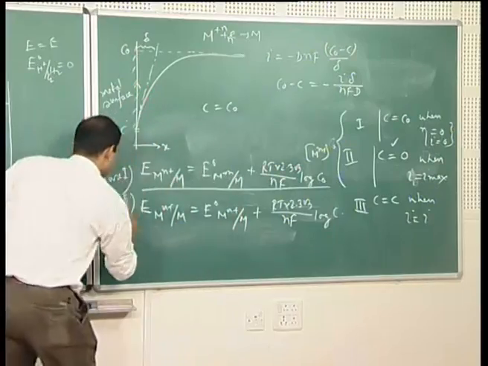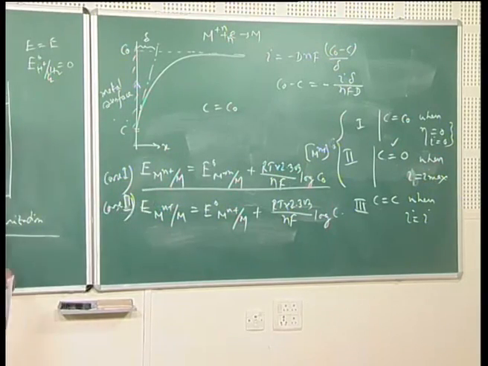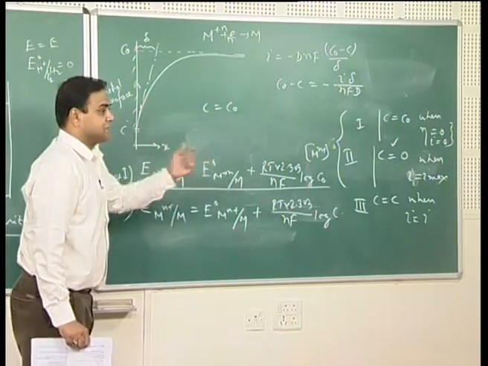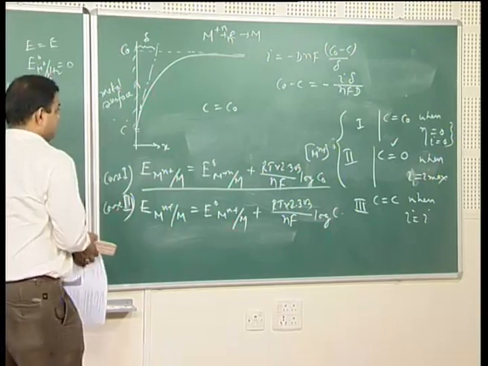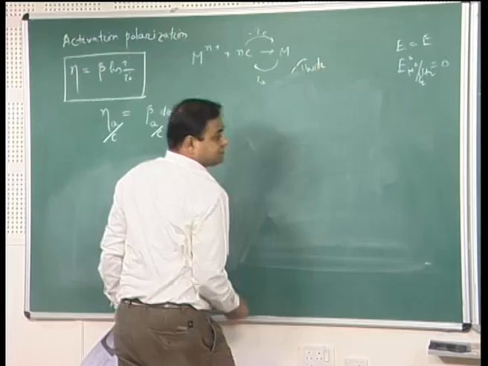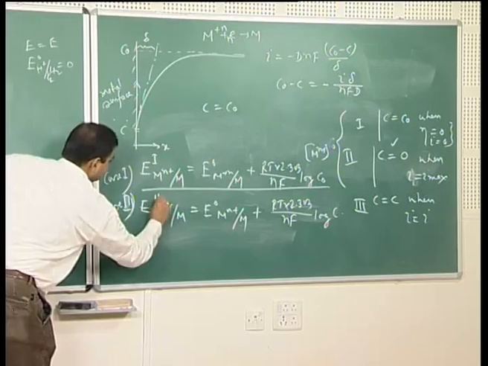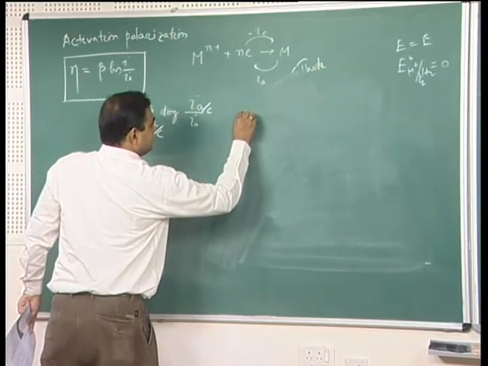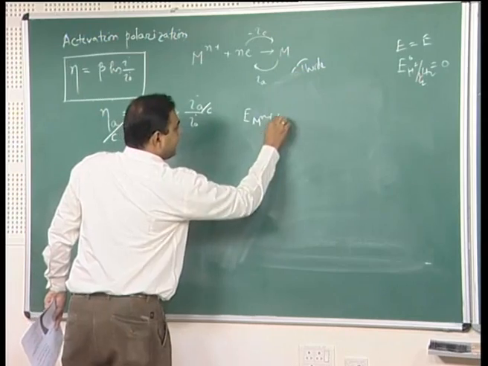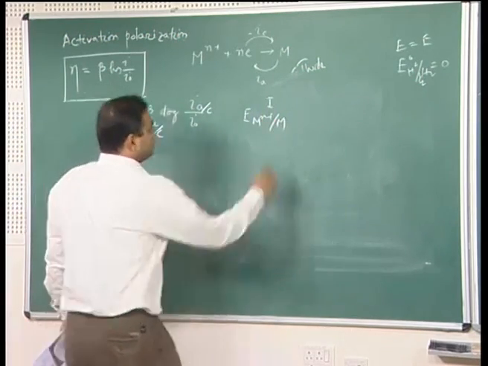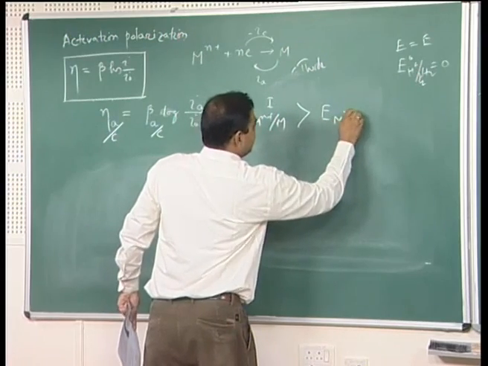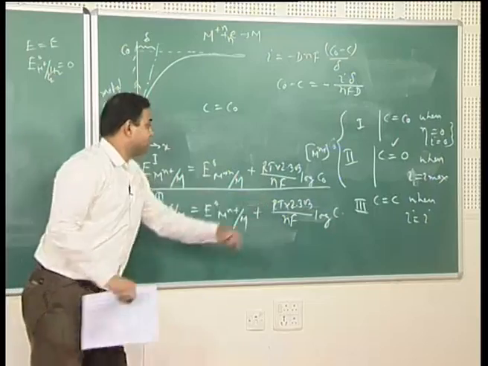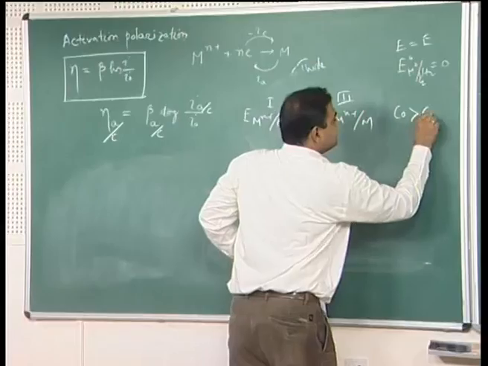For the third case, I can find out what my potential would be because of this concentration C when the current is I. From these two equations, this is 1 and this is 3, corresponding to the third condition. I can see that E of M^n+/M in condition 1 would be greater than in condition 3, since C0 is greater than C.